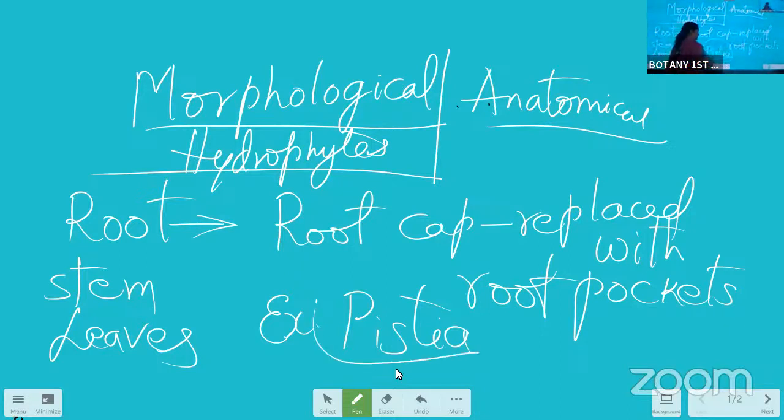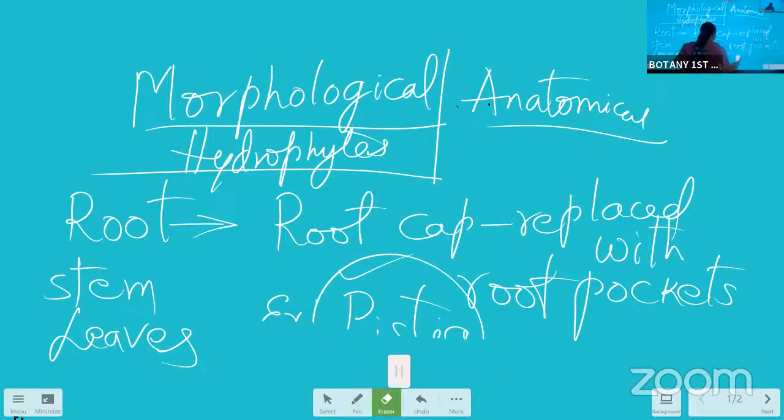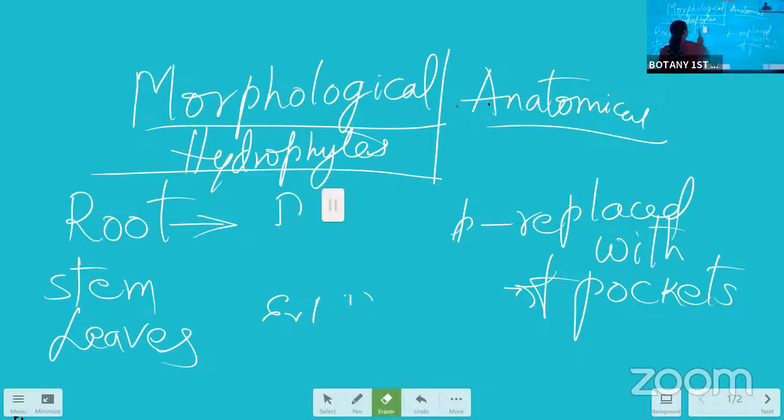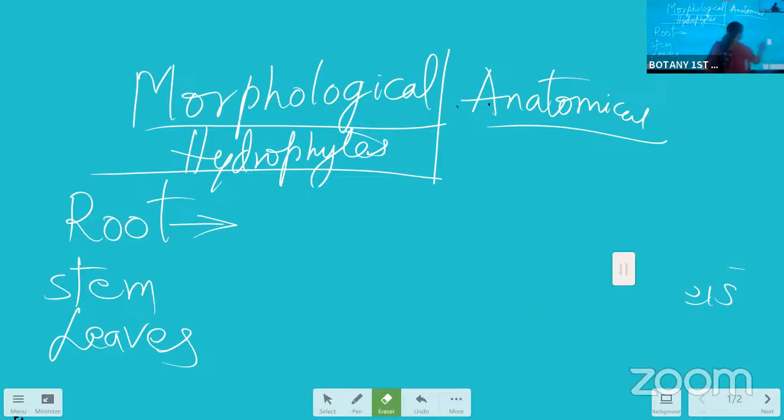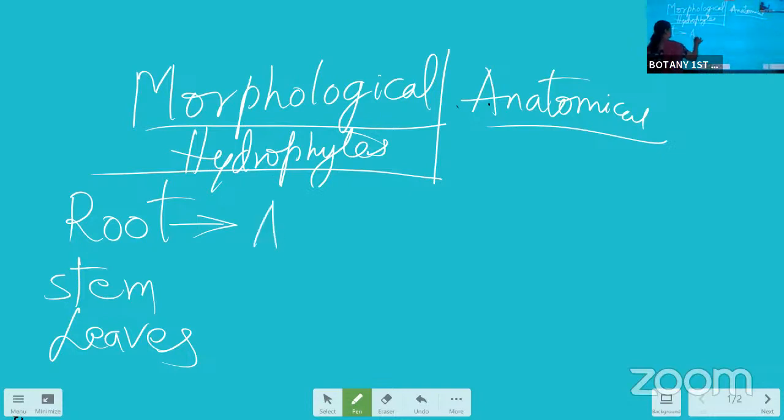In degree or anywhere, we have to remember the word Pistia. It is seen in the first type of hydrophytes, the free-floating hydrophytes, where a poorly developed root system and root pockets can be seen.